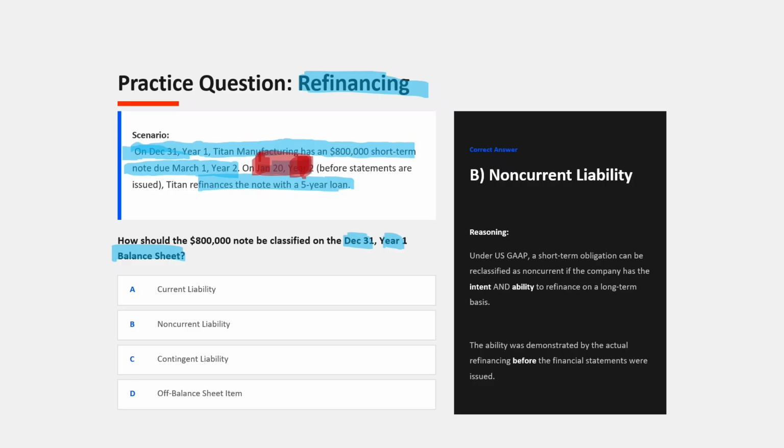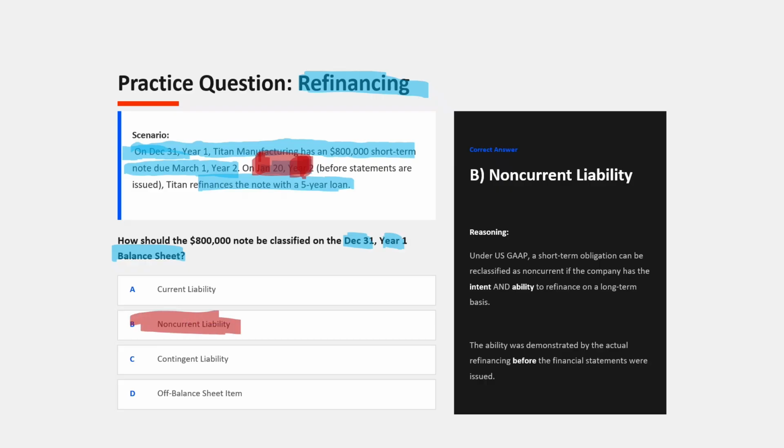It takes time, sometimes weeks, to get the balance sheet ready. So basically here they are telling us we are going to prepare the balance sheet for this company after January 20. By the time we were preparing it, we knew that we already refinanced it. So how are we going to report it on the balance sheet?